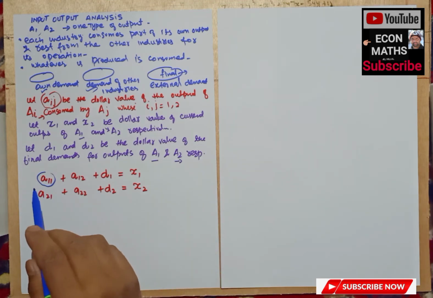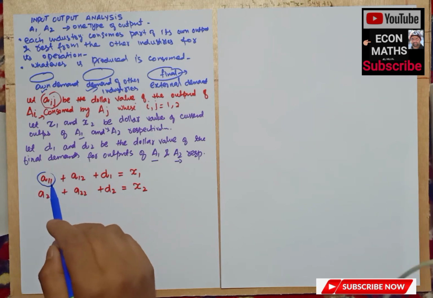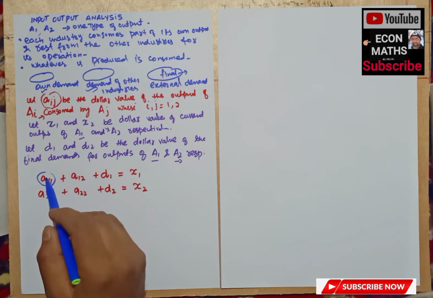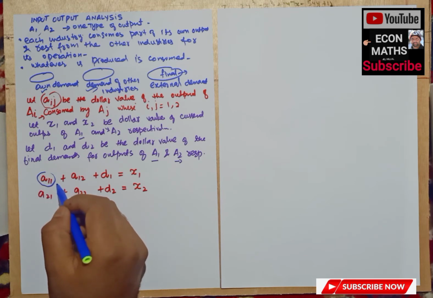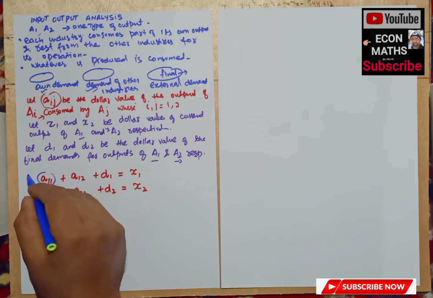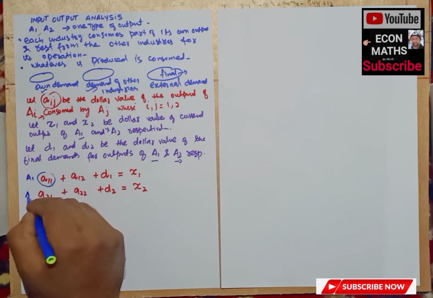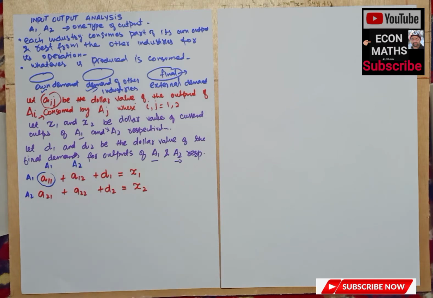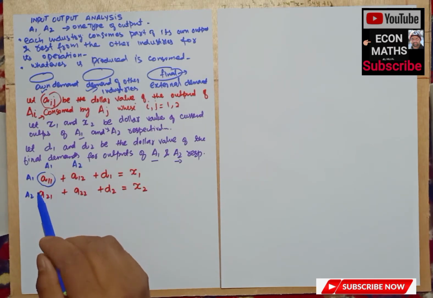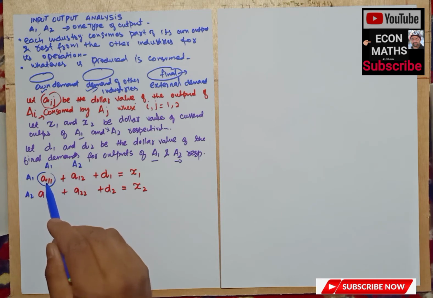First of all, this A11 is the dollar value of the output of A1 industry consumed by the A1 industry itself, that is for self consumption.